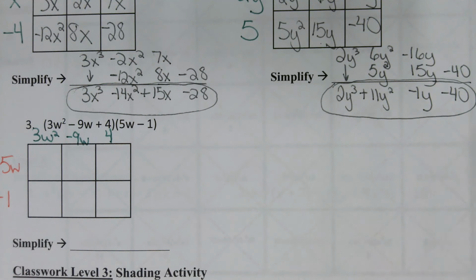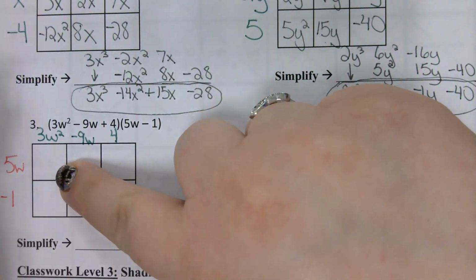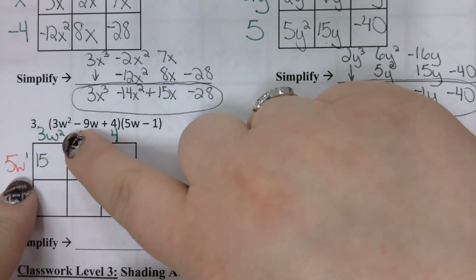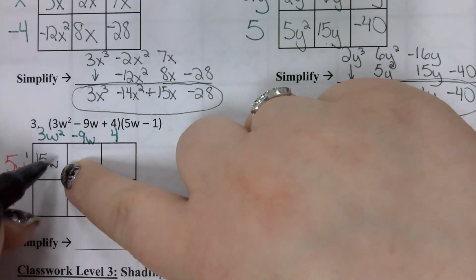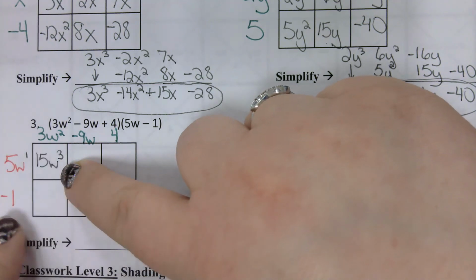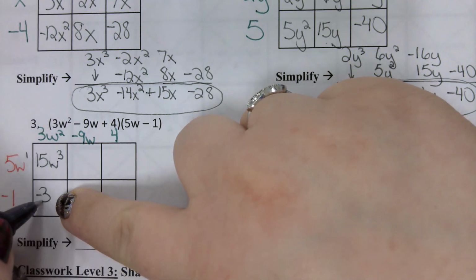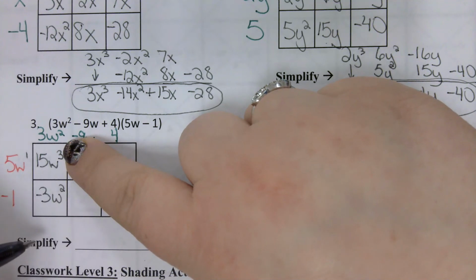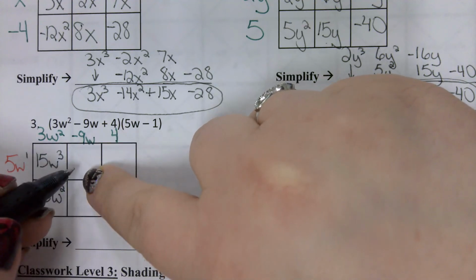We'll multiply now. 5 times 3 is 15. W to the first times W to the second is W to the third. 1 plus 2. 3 times negative 1 is negative 3. And W squared doesn't have another W to multiply by, so he stays as W squared. Negative 9 times 5 gives me negative 45.